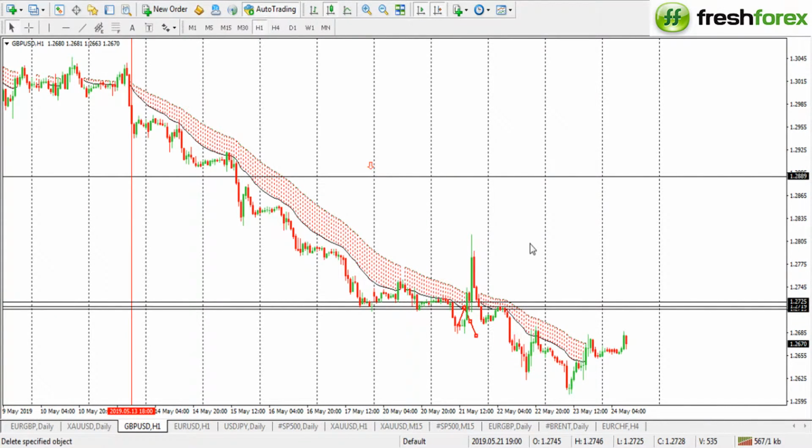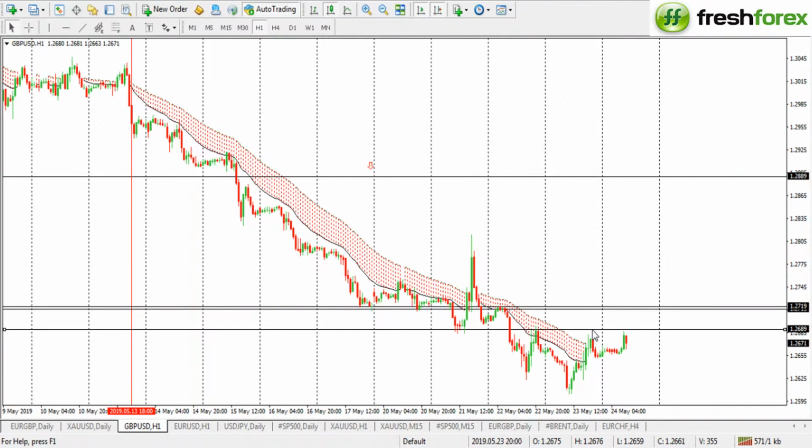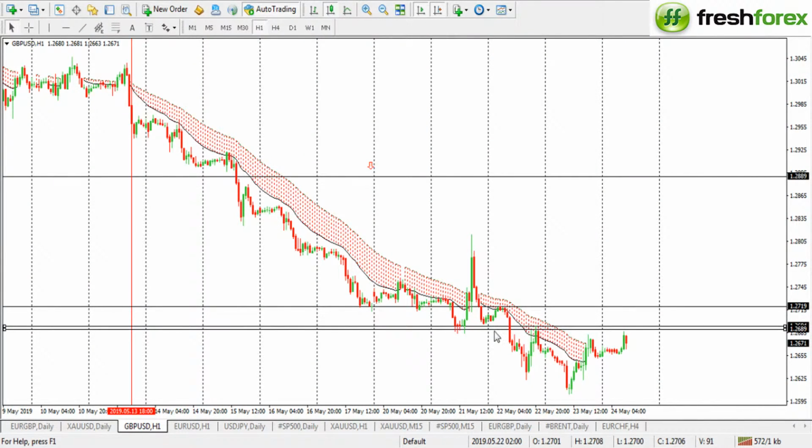In my opinion, we'll only look for a buy if price can break beyond this level. If price goes up and even closes beyond 1.2689, that would change things, but as it is at the moment, they are still sellers.